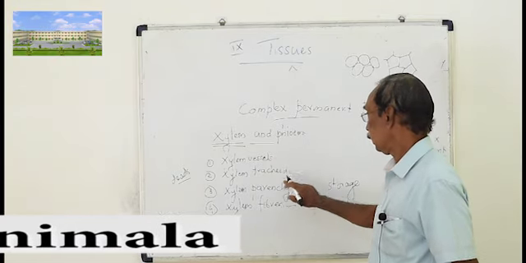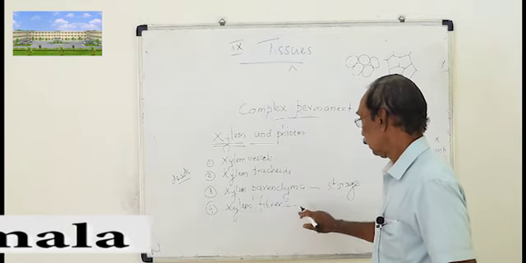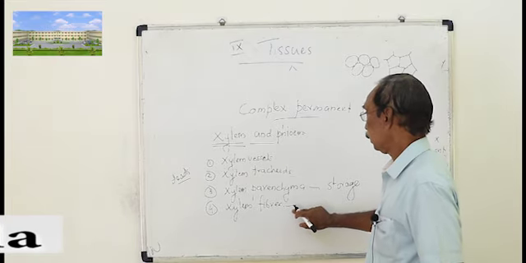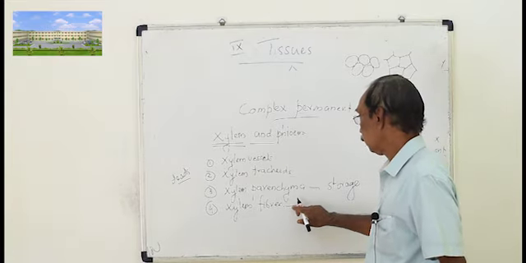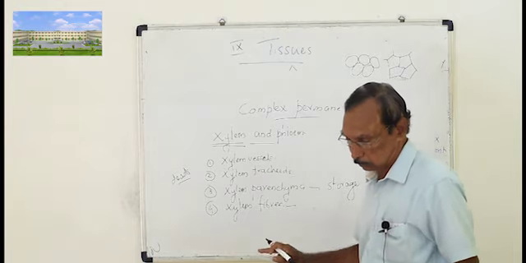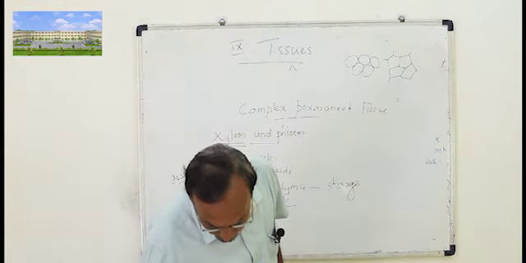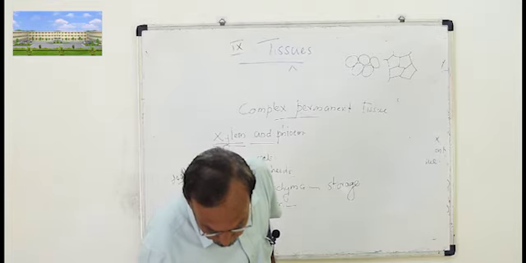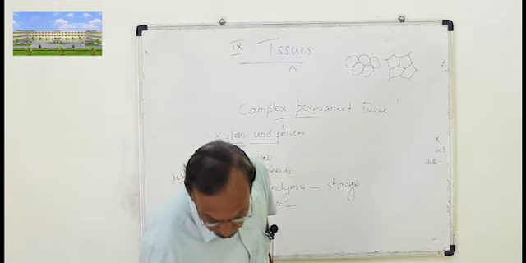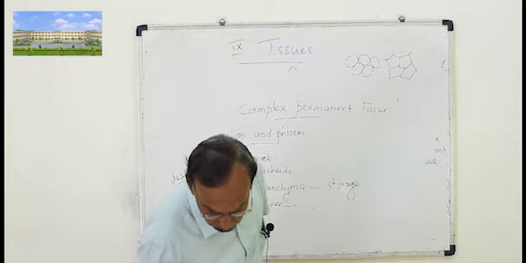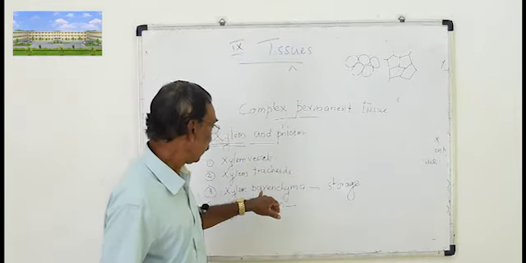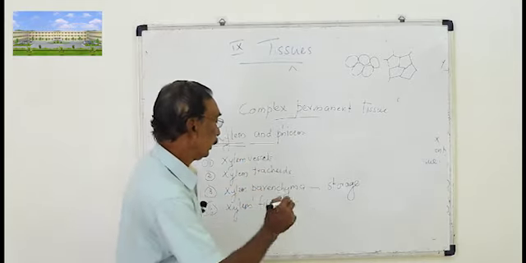Xylem fibers are mainly supporting, giving strength to the plant. So, xylem parenchyma: storage of food and sideways transport.